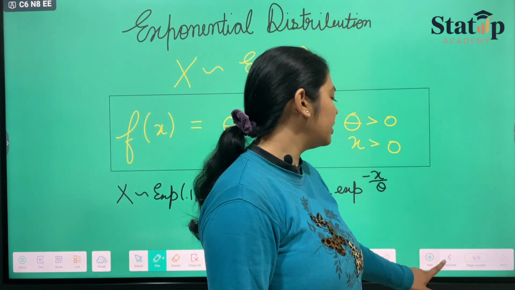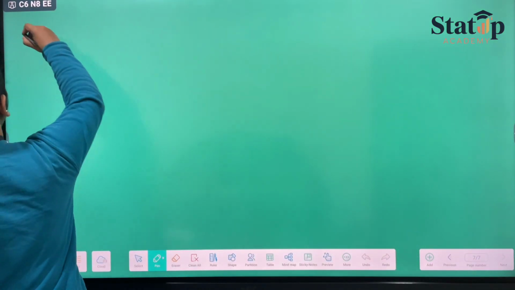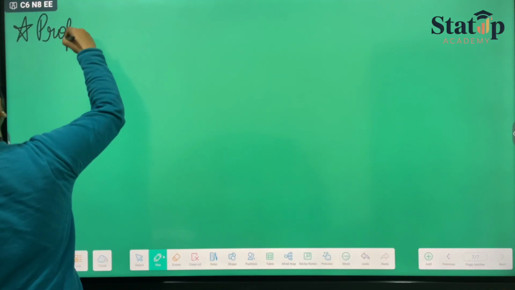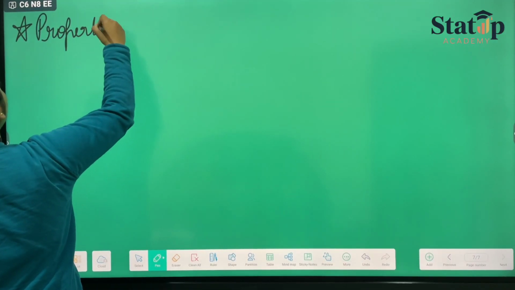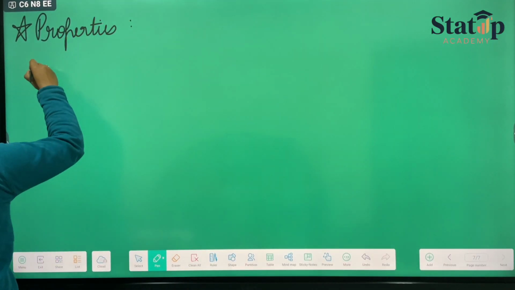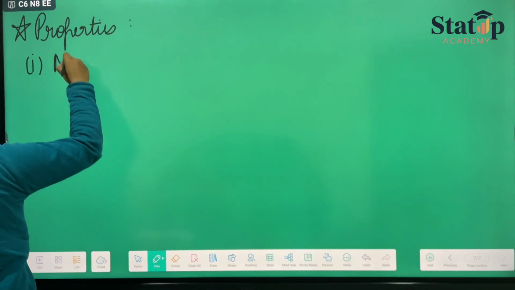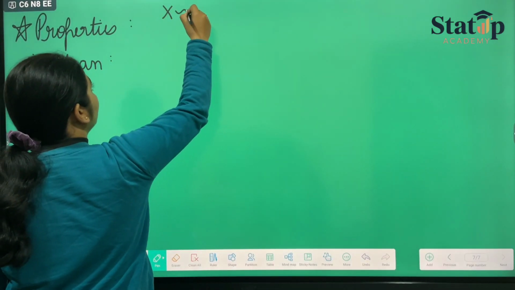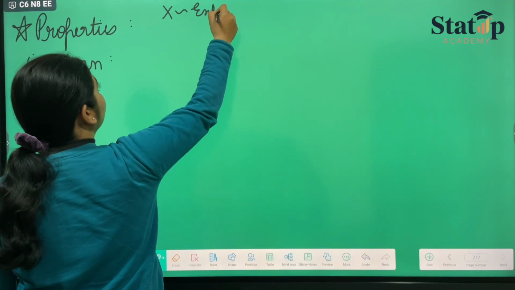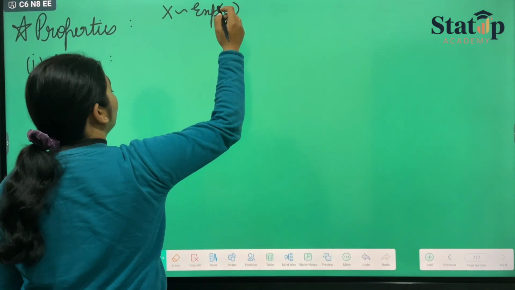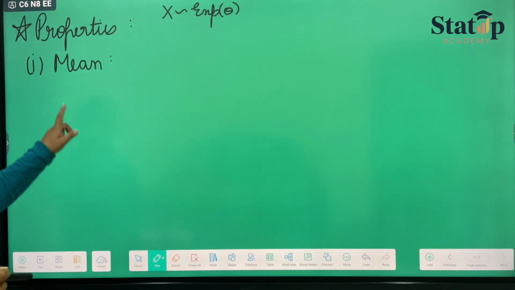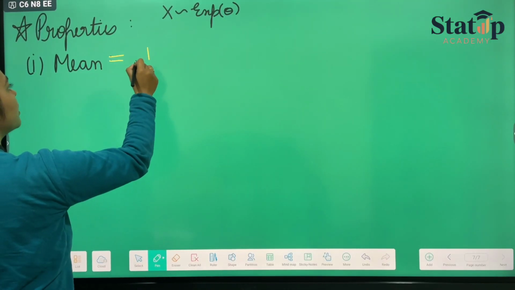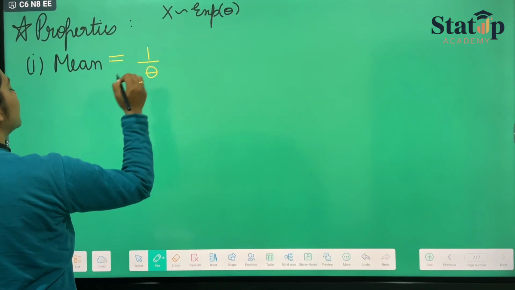Now talking about its properties, there are some important properties of the exponential distribution. The first property is the mean. We are talking about x following exponential theta, the one which I encircled. The mean of exponential theta is 1 upon theta.